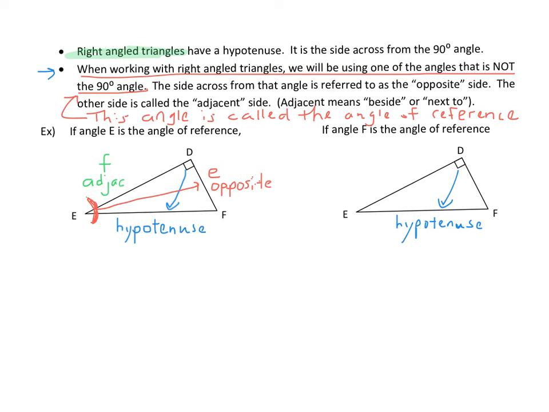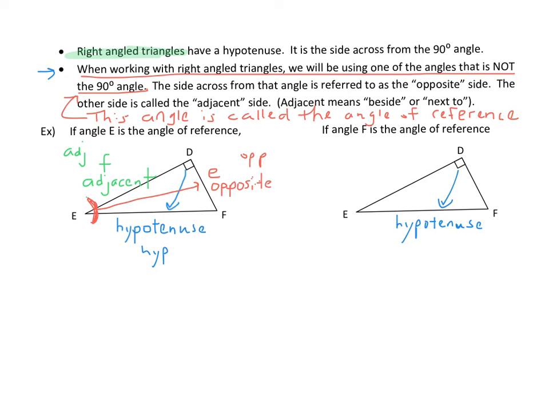Adjacent. And when I label these, I usually just use the first three letters as a short form. So I would potentially use ADJ for adjacent, I would use OPP for opposite, and I would use HYP for hypotenuse, just because it takes a lot of time to write out the whole word.